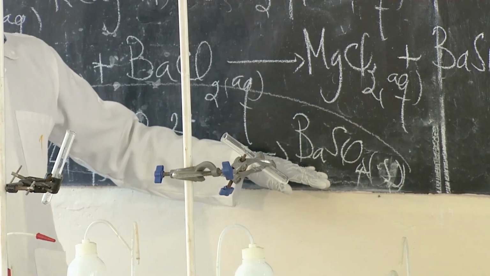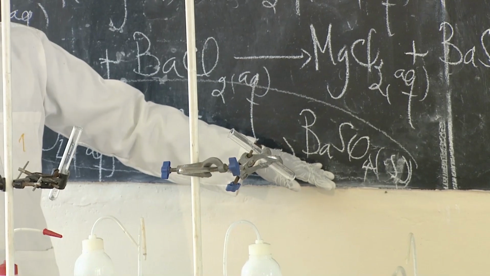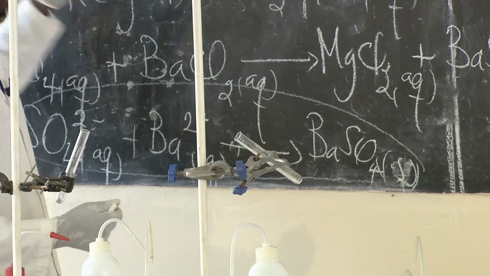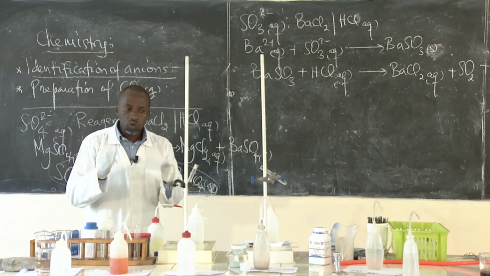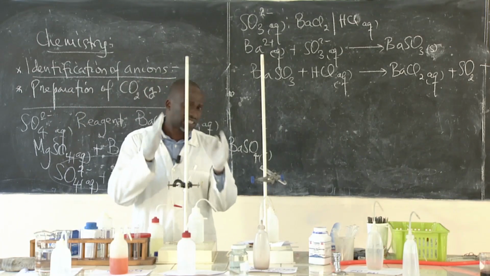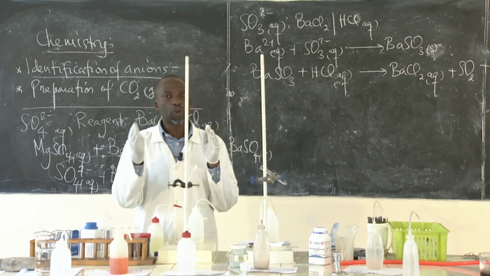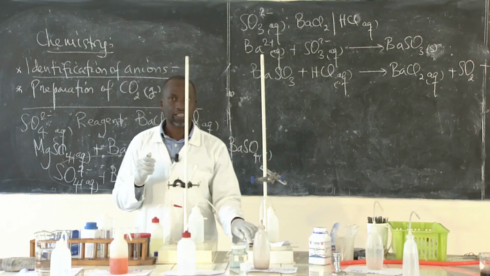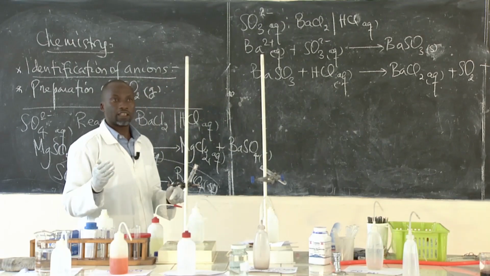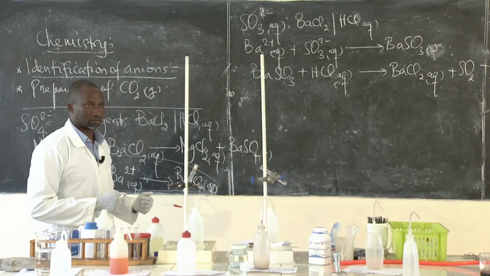So I said, why do we have to add hydrochloric acid? These reagents, the barium chloride and HCl, are used to distinguish between the sulfate ions and the sulfite ions.